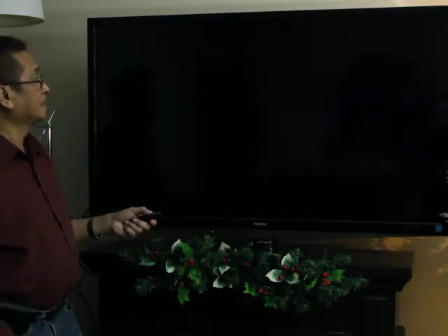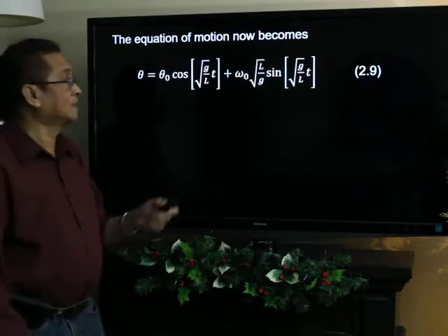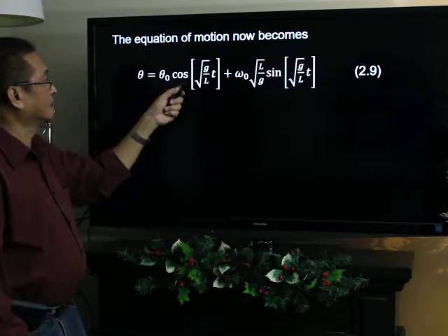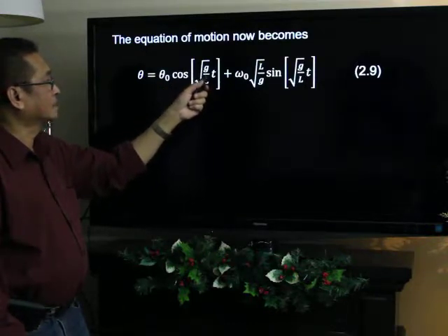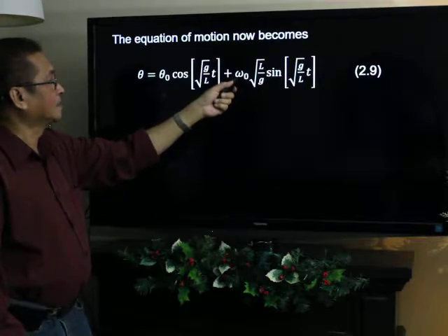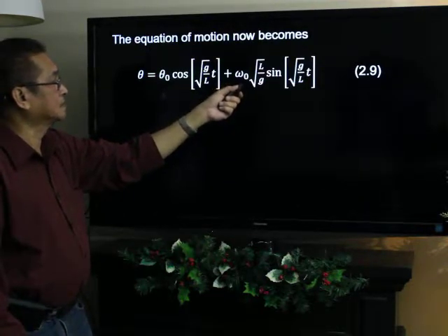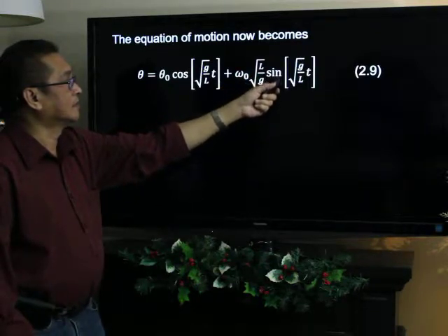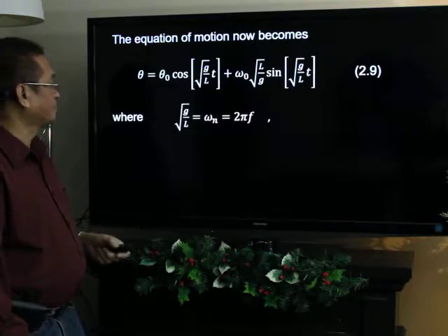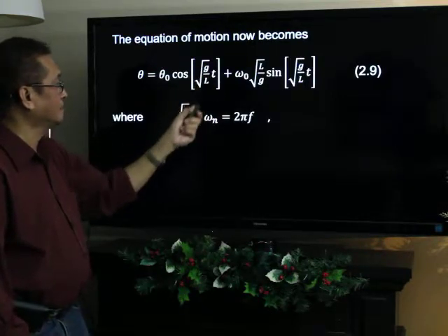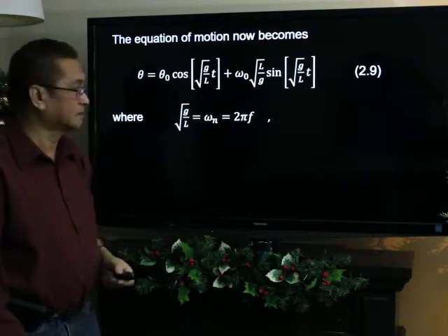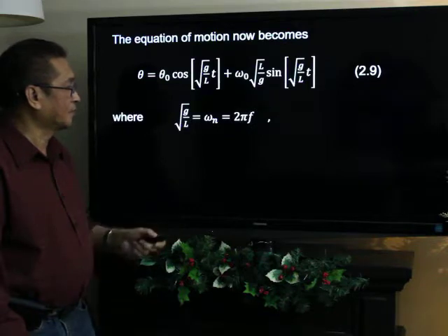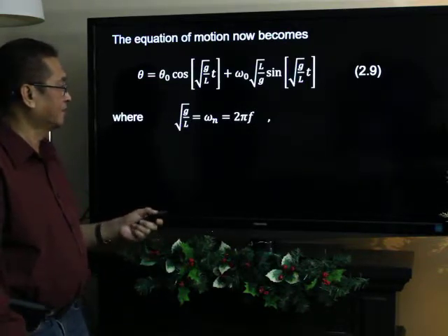So the equation of motion will now become theta is equal to theta at t equals 0 times cosine of the square root of g over L times time t, plus omega sub 0 times the square root of L over g times sine of the square root of g over L times time t, where the square root of g over L is equal to the natural circular frequency in radians per second, which is equal to 2 pi times the frequency f.